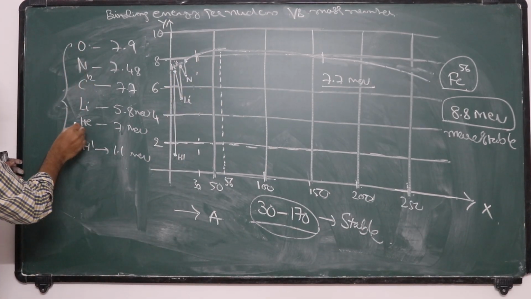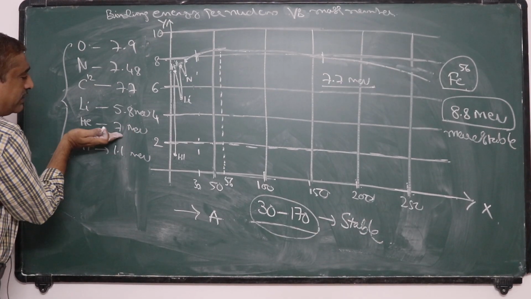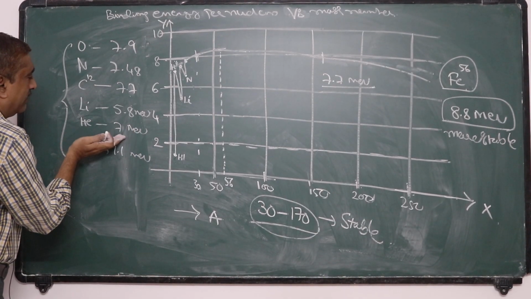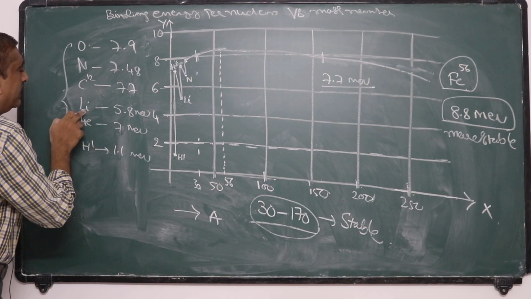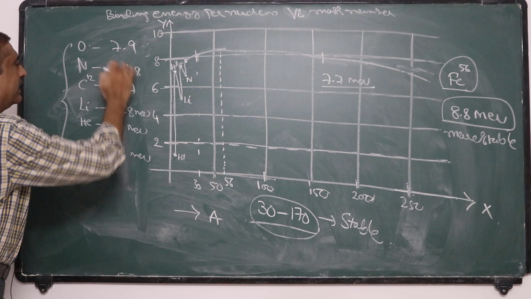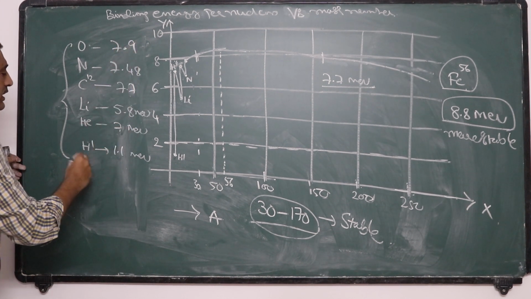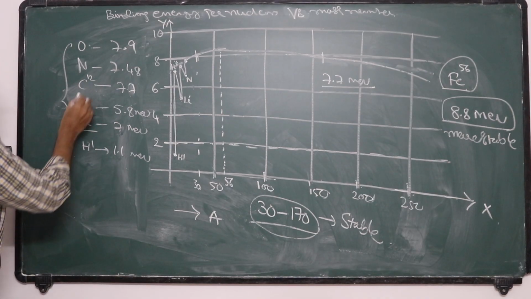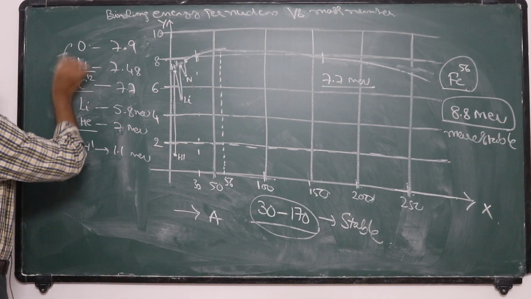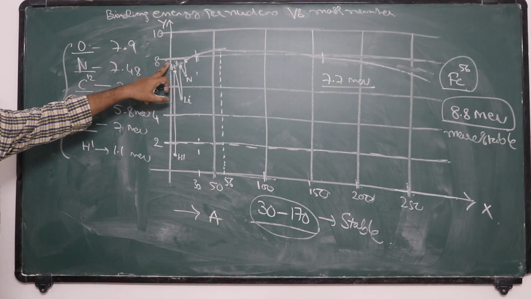So if you consider the neighboring atoms of helium and hydrogen, there is a sudden variation between hydrogen and helium, and lithium is again decreasing, and carbon increasing, and again nitrogen is decreasing, and oxygen is increasing. Out of these, helium, carbon, nitrogen and oxygen are nearly equal to 7 or 8.